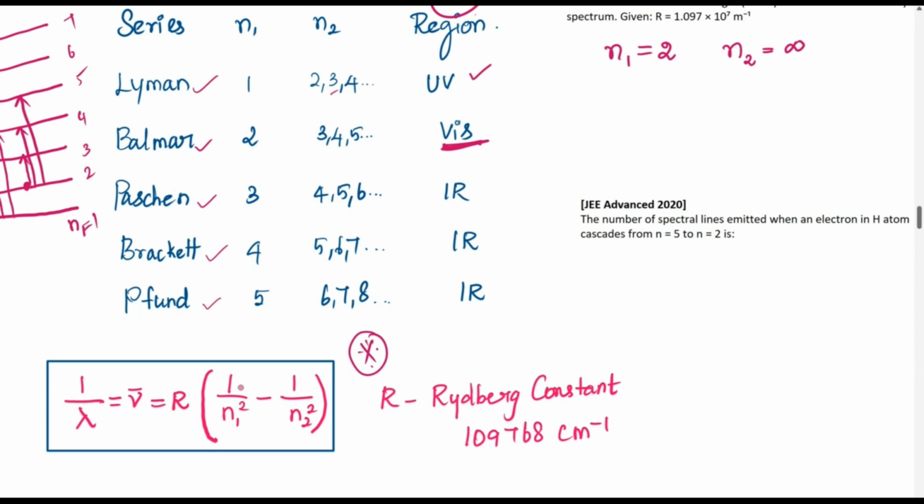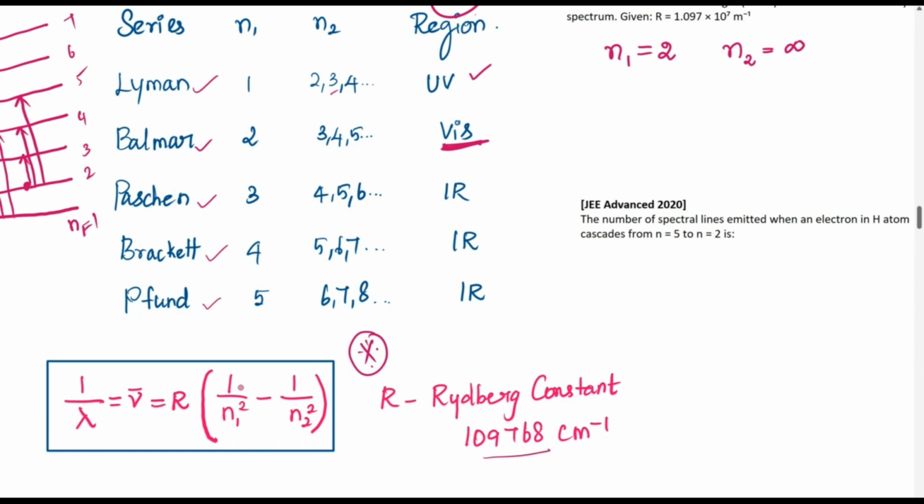What is R? That is the Rydberg constant. The value is so big, but it's okay, 10.9768 centimeter inverse.